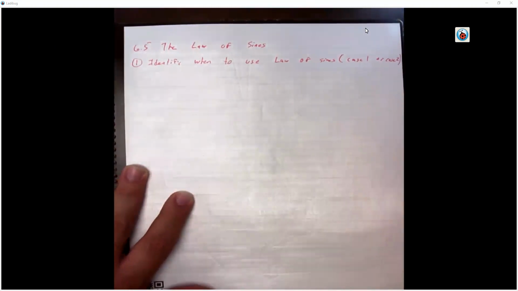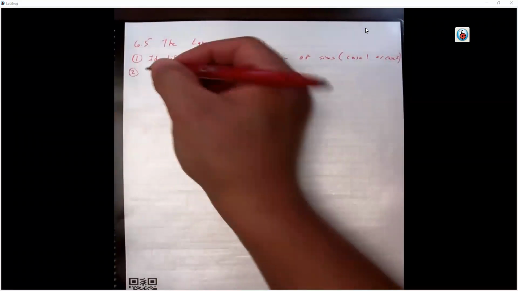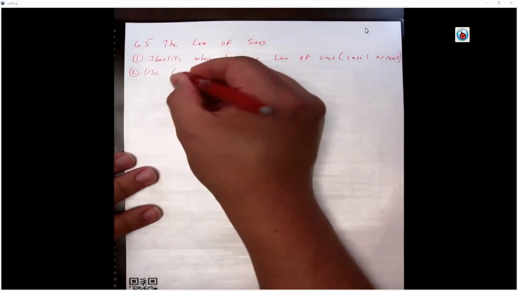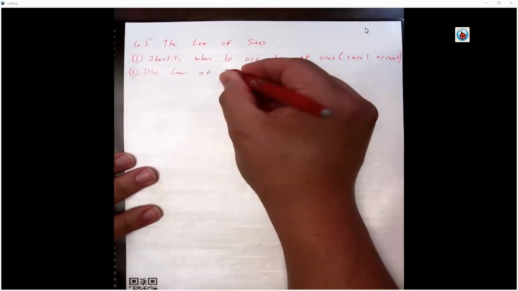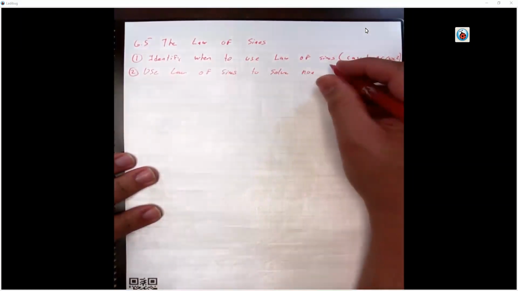In other words, identify that it's case 1 or case 2. Number 2, of course, use law of sines to solve non-right triangles.